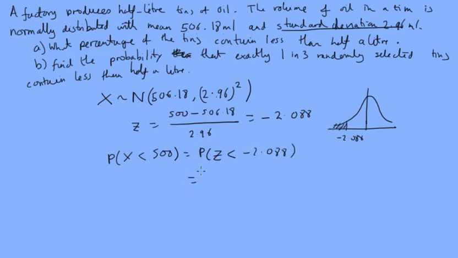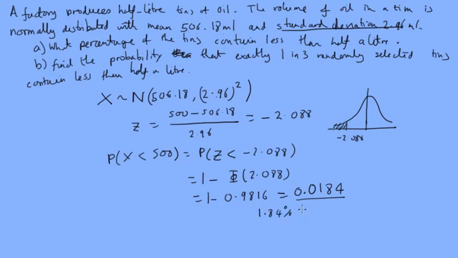So we know that that is going to be 1 minus phi function for positive 2.088, which comes out at 1 minus, looking at the table, 0.9816, which comes out at 0.0184. Therefore, turning the probability into a percentage, times it by 100, there's going to be 1.84% of tins with less than half a litre.